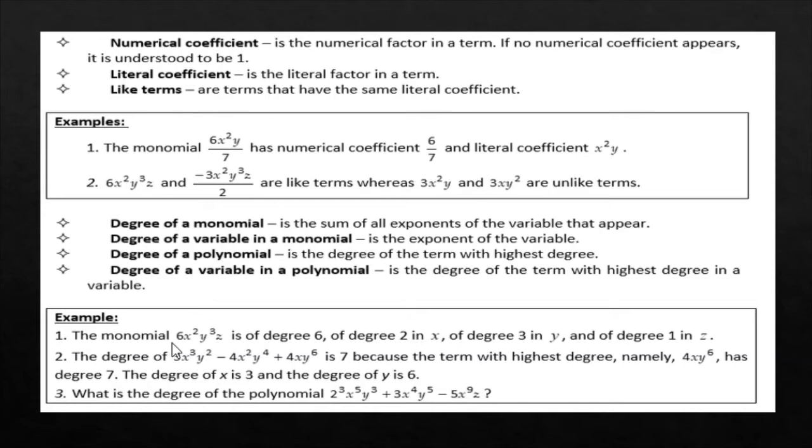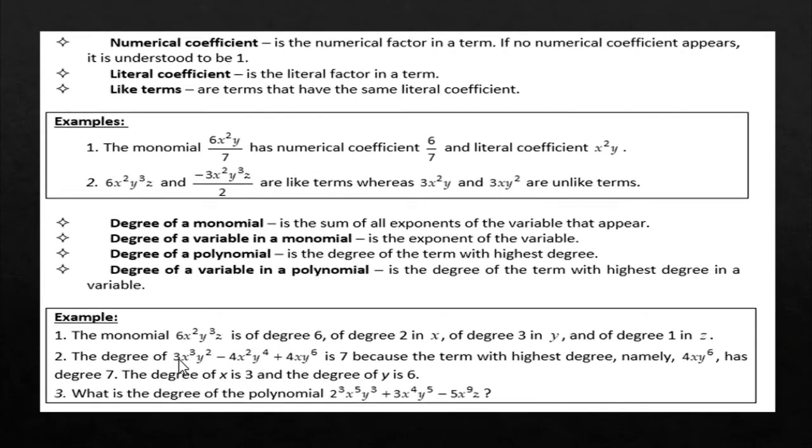The monomial 6x squared y cubed z is of degree 6, of degree 2 in x, of degree 3 in y, and of degree 1 in z. So, ang degree niya kay naa sa 6, kay 2 plus 3, 5 plus 1 sa exponent, mao ni 6. So, ang degree ani nga monomial kay 6, kay atong giadd ang exponent sa ato ang mga literal coefficient.